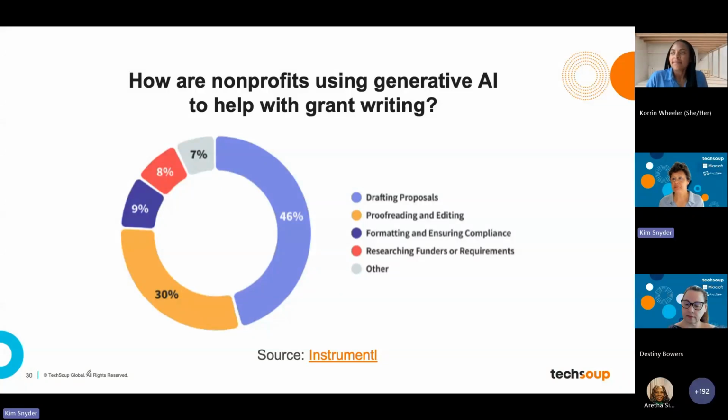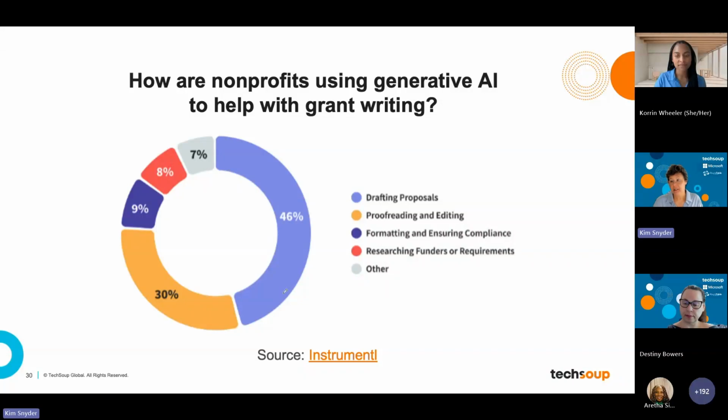And they were saying, could we give it an example of a grant proposal that we feel really good about and have it emulate that style? And so that is something I'm going to be working on with them that is entirely doable in Copilot, right? But a lot of drafting proposals, not surprising that that's a big use case.